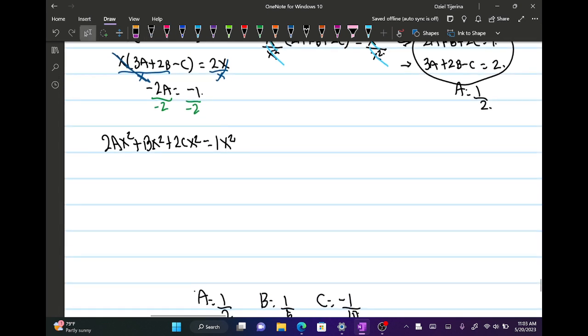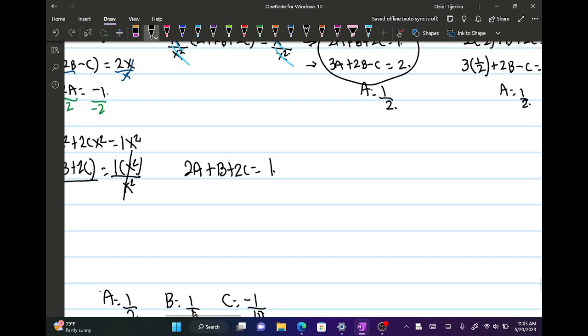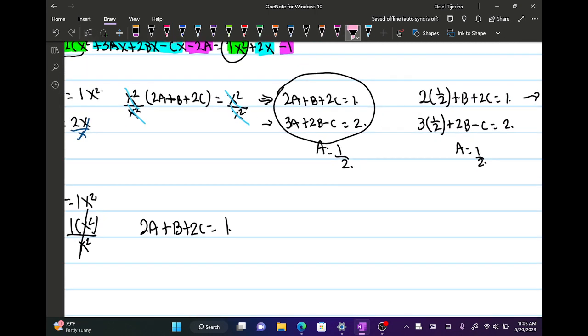I got x squared times 2a plus b plus 2c equals 1 times x squared, and I divided out the x squared term. So this canceled out, and I got 2a plus b plus 2c equals 1. That is how I got this part here, so nobody's confused.